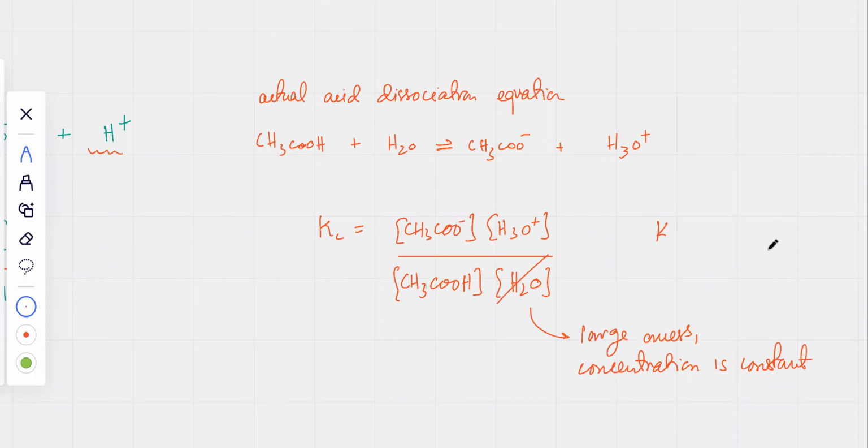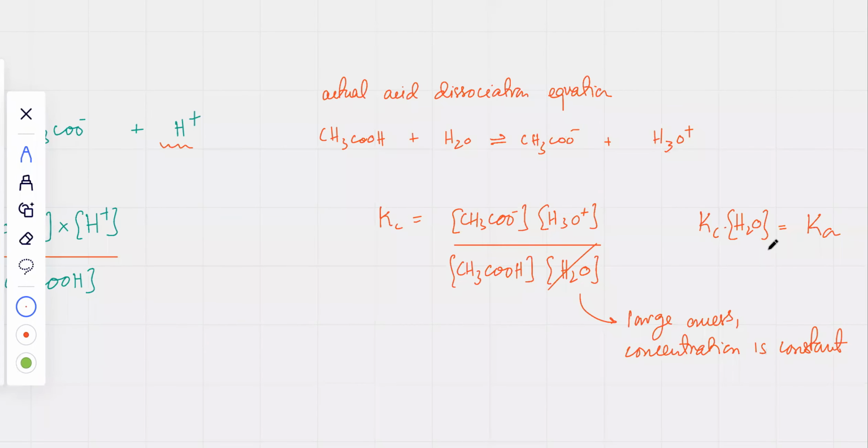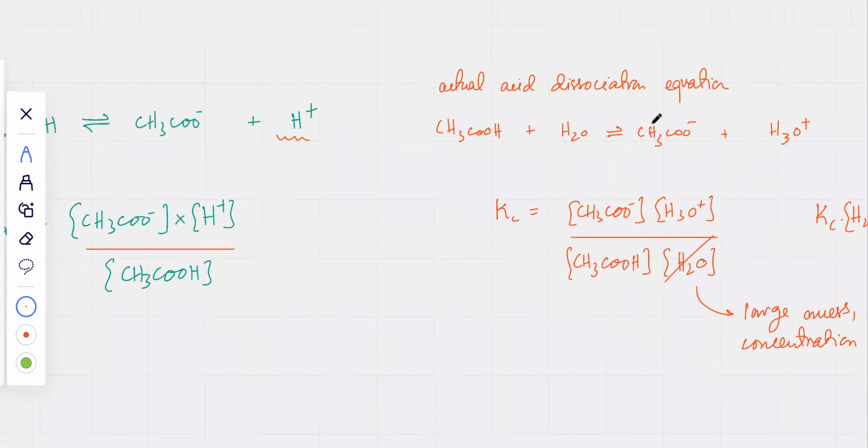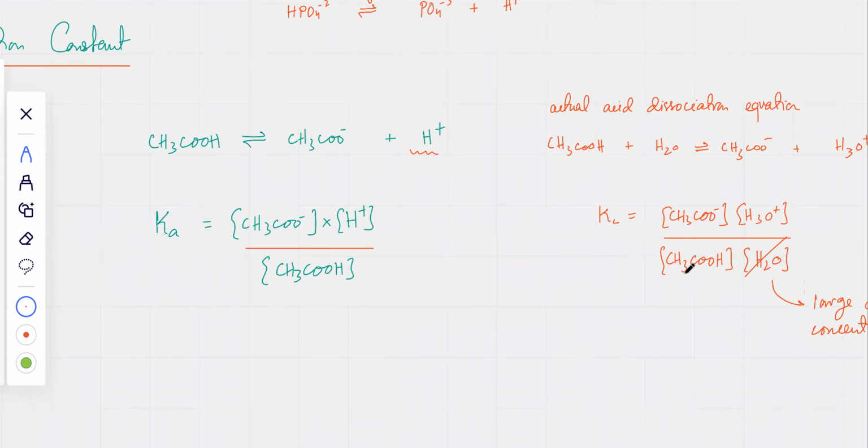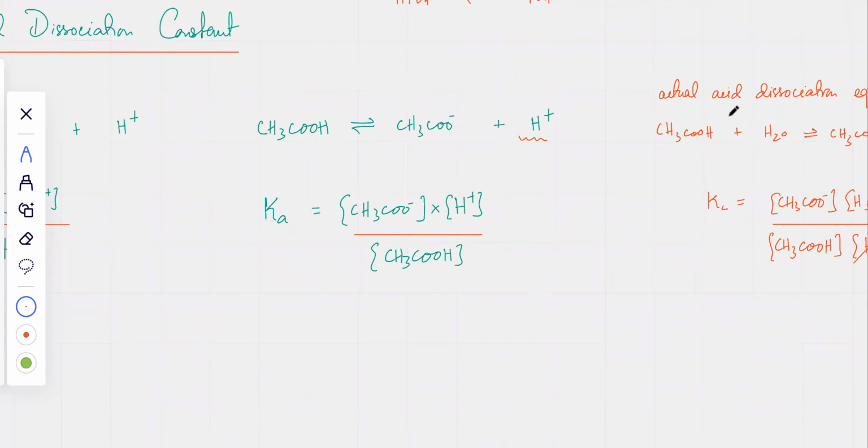Sometimes they say that Kc and the water concentration, which is a constant, combined, is known as Ka, which is the same thing. So don't get confused. No matter if you use the equation where you don't show H+ ions, or you use this equation, in both cases your equilibrium constant expression comes out to be the same. Conventionally, most of the time, this equation is the one that's used, but it doesn't matter if you use the other one; it's still the same expression.